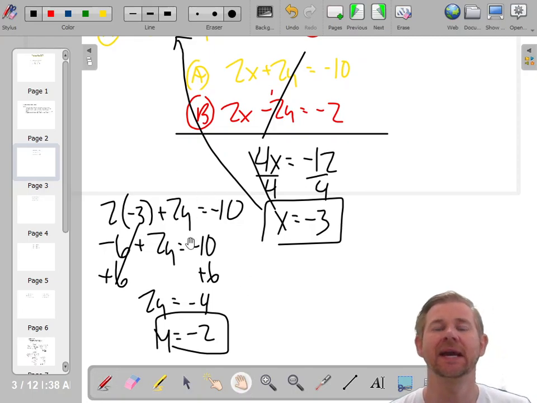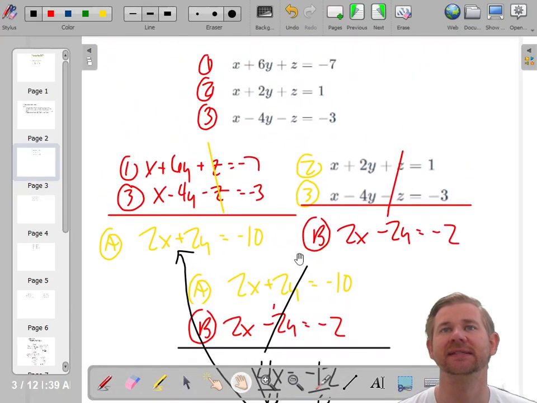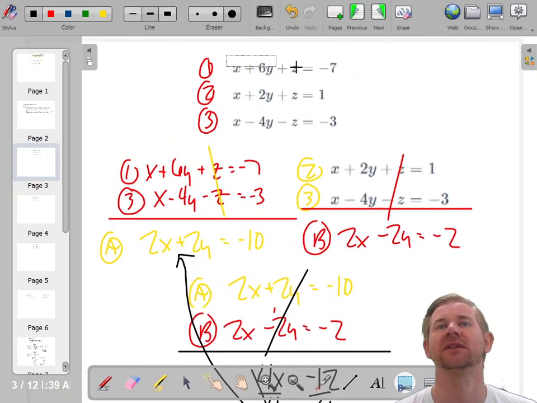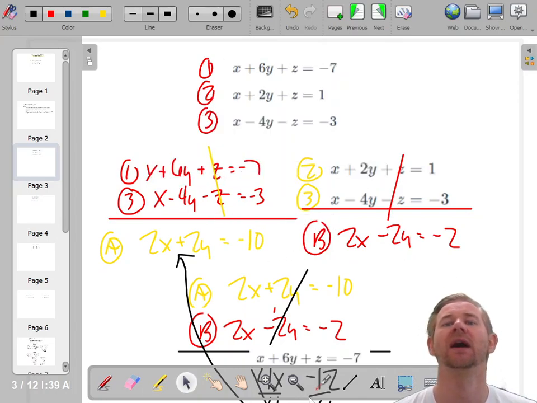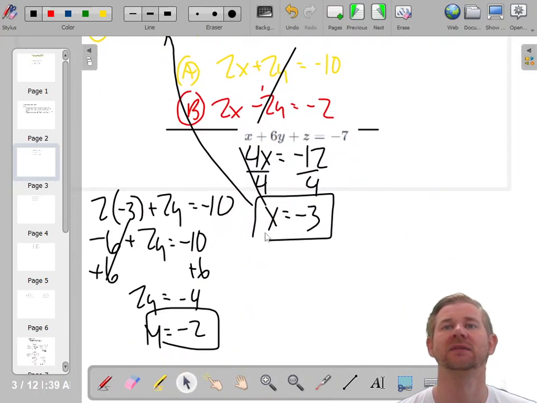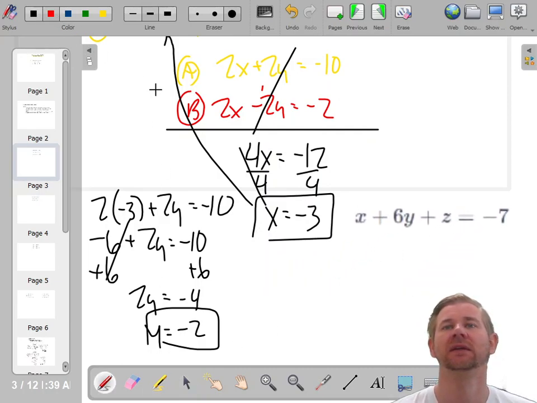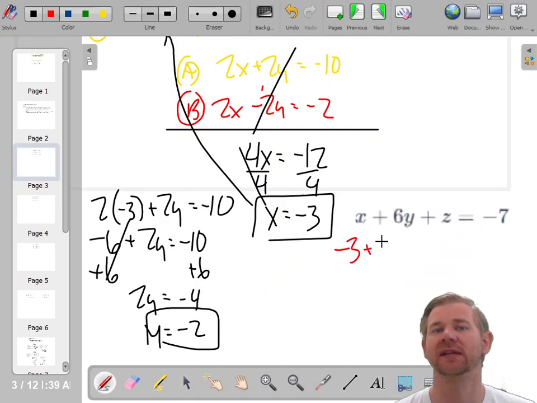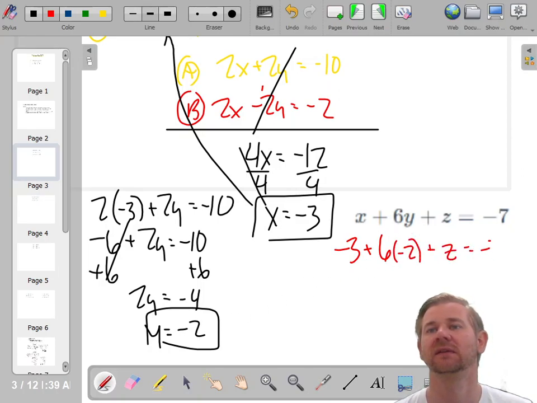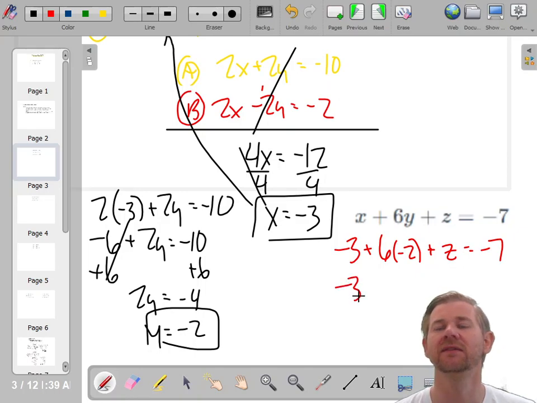And now lastly, I have x and y. I just need to go get z. So I'll pick one of these equations. I'll just take this one, okay? I need to get z, and I know x and y. So for x, I'll plug in x is -3 plus 6, y is -2. I don't know z. -3 minus 12.